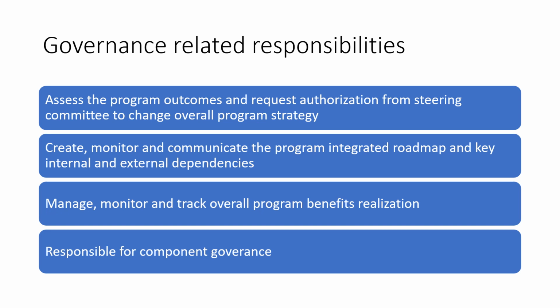So program managers may not have authority to make changes to the strategy, but they can recommend to the steering committee. They can create, monitor, and communicate the program integrated roadmap and key internal and external dependencies. They also manage, monitor, and track overall program benefits realization, and they can report to the steering committee. And they're also responsible for component governance.